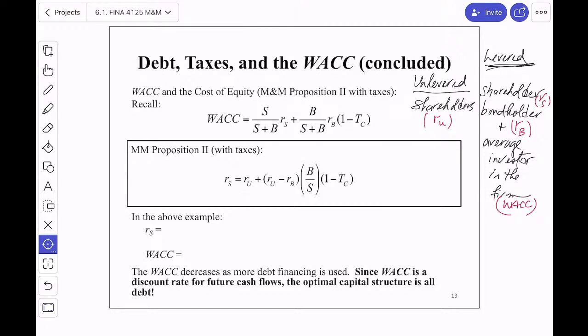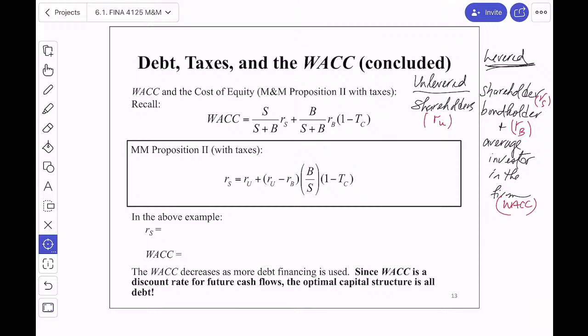Their required rate of return increases with the debt to equity ratio, right? So taking on debt, we had no default risk here, but still, for this to make sense, investors that are shareholders in the levered firm require a higher rate of return.